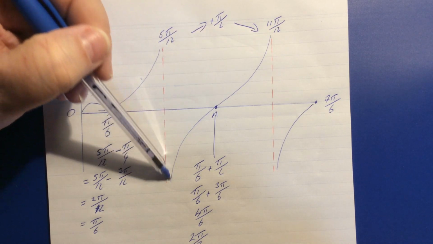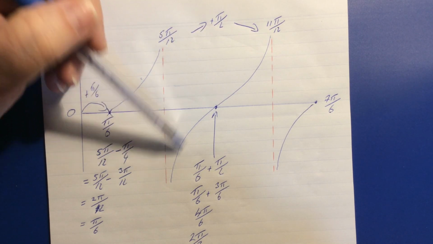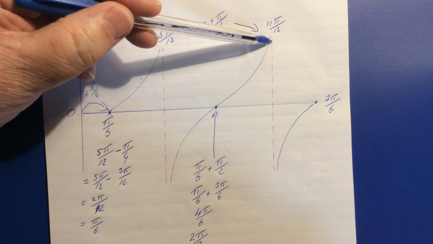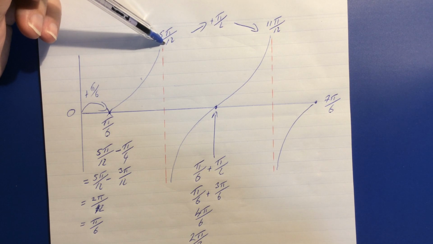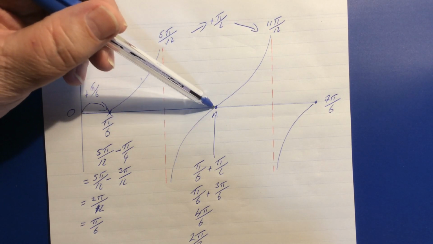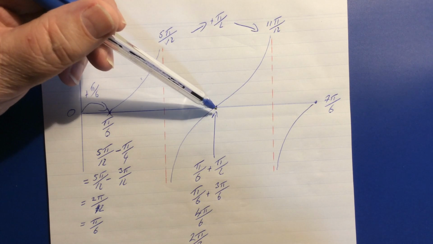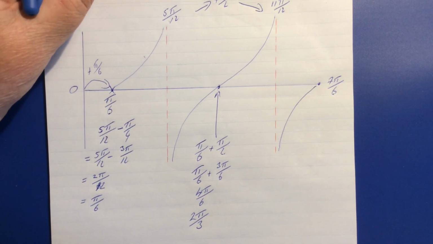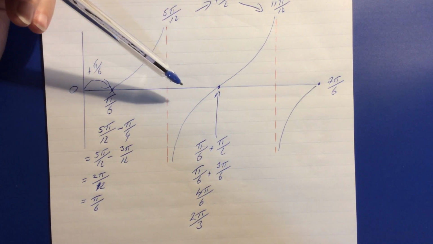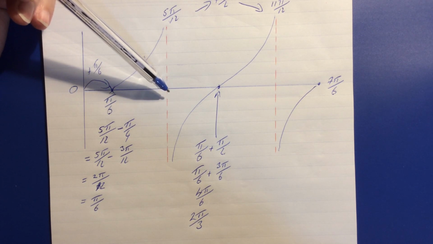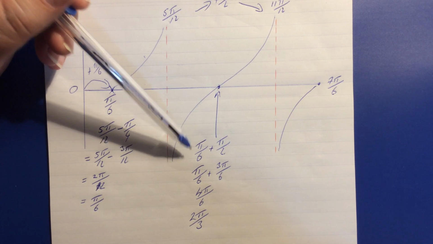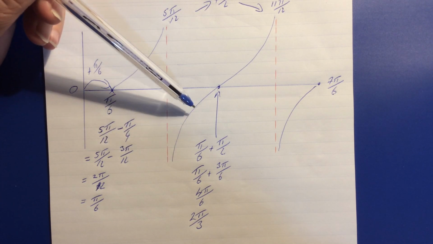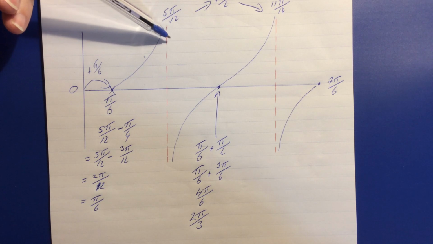Now, this curve here, which is what you would expect to see in a tangent function, has an asymptote, as I said, at 11 pi on 12 and 5 pi on 12. And its midpoint is here at 2 pi on 3. And here's how I get to 2 pi on 3. It's not actually as laborious as it looks. It's pretty easy to figure out. But here goes.